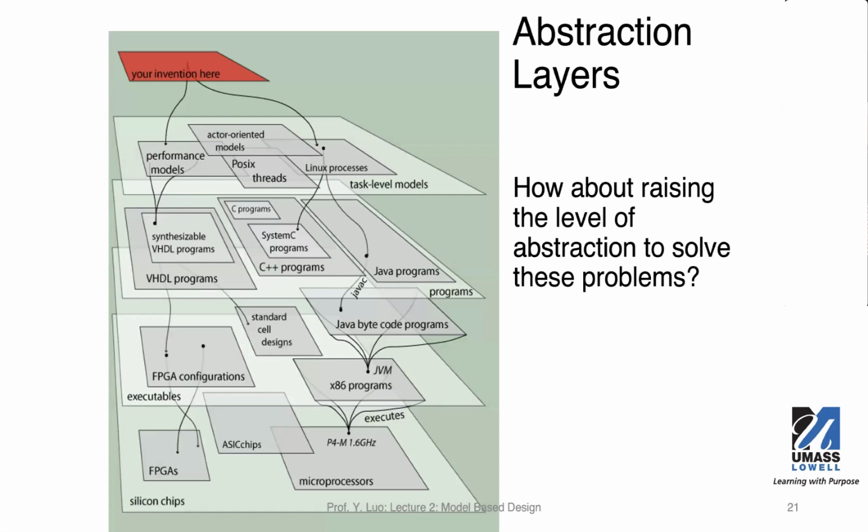So we really need to raise the level of abstraction. It depends on the actual problem. You may have to start with a much higher abstraction, not necessarily following exactly these layers in this diagram, but you need to have something you can start with to capture the essence of the cyber-physical system.